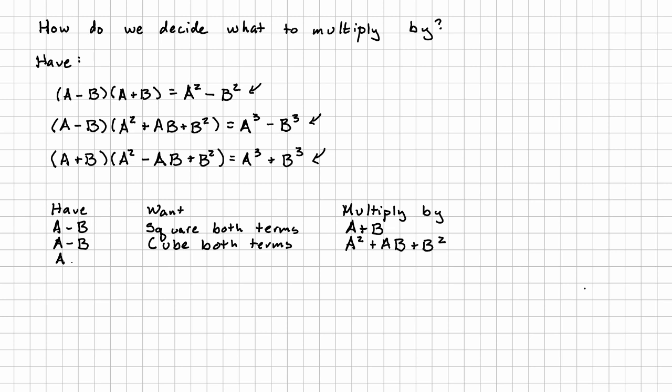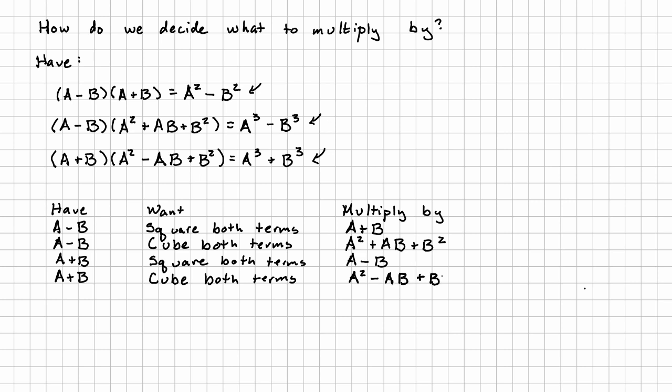If we have a plus b, and we want to square both of our terms, we'll multiply by a minus b. And if we have a plus b, and we want to cube both of our terms, well then, we'll multiply by a squared minus ab plus b squared. And what do we get in each of these cases?